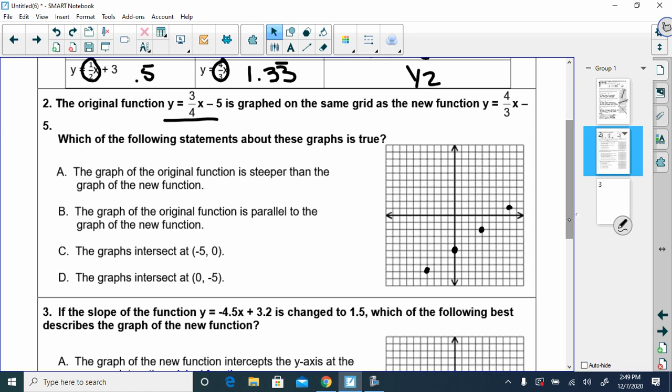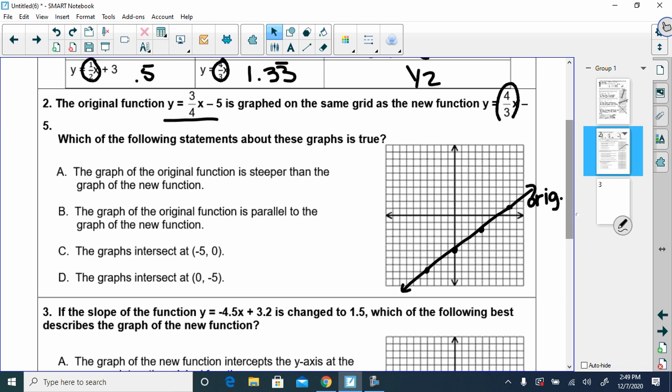Okay. So here is the first line, or the original is what they called it. So there's the original line. All right, and then the other one also starts at -5, but its slope is flipped over, right?